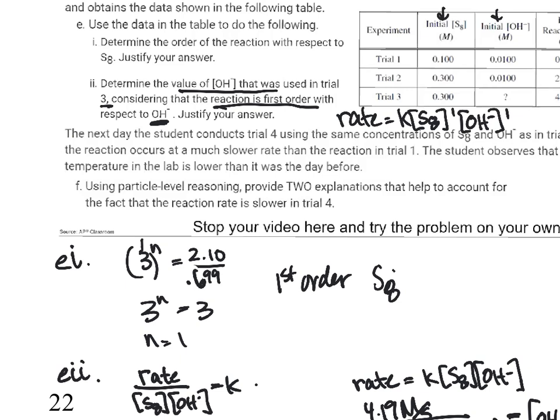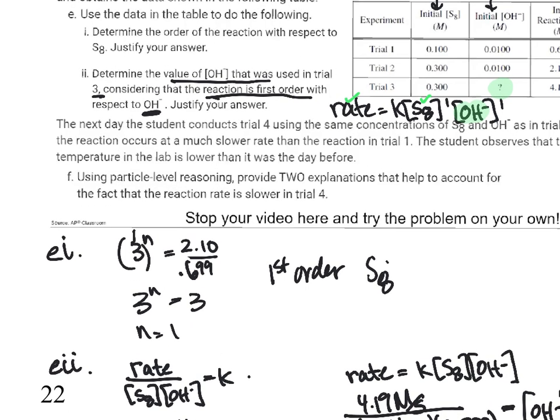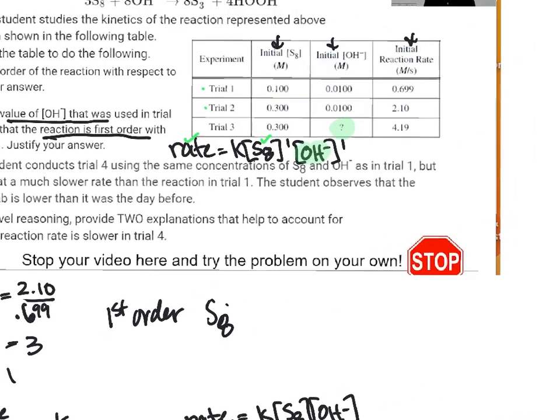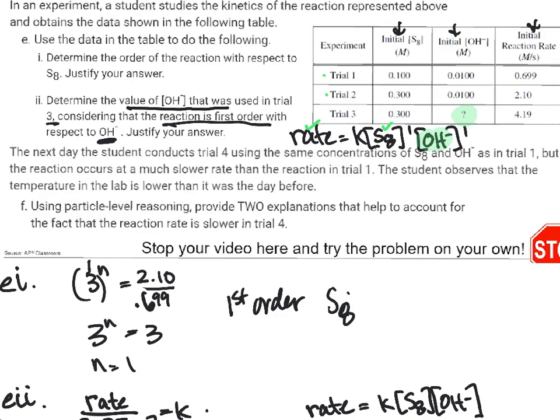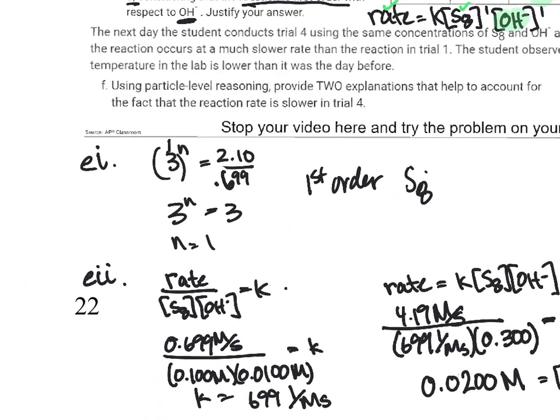So if I want to find this guy right here for trial 3, I have the rate. I have the S8 concentration, but I don't have K. So what I did is I picked either trial 1 or trial 2, where I have all of the information filled in the table. And that's going to leave me K, and I can solve for K. So that's what I'm doing right here.